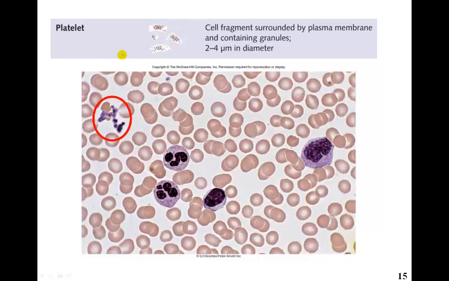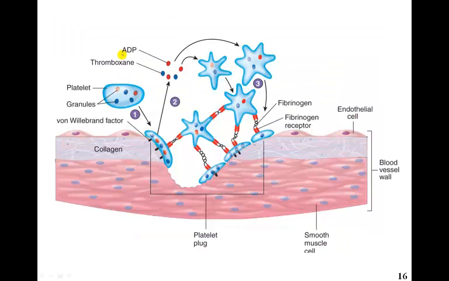And they have sort of three things that they do to do that. We'll really go through this more carefully in a bit, but just a brief overview. The first way that platelets can help prevent blood loss is that they can make what's called a platelet plug.